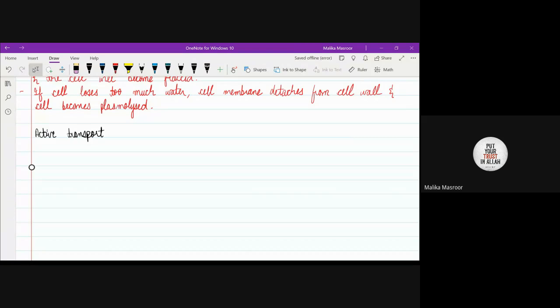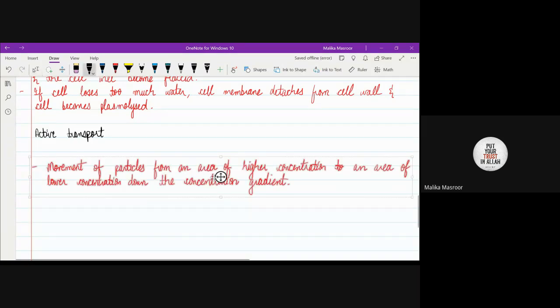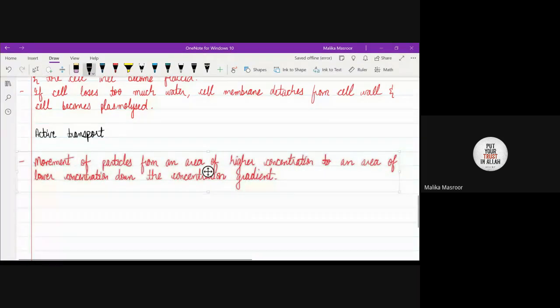There is a movement of particles from an area of lower concentration to an area of higher concentration, against the concentration gradient, and using energy.